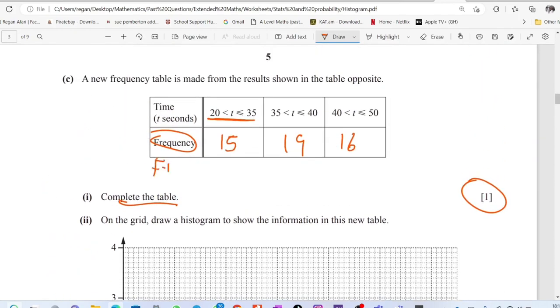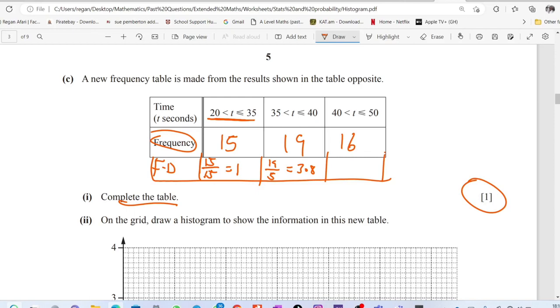So FD is the frequency divided by the class width. So this is 15 divided by the class width, which is from 20 to 35, a difference of 15. So you have 1.